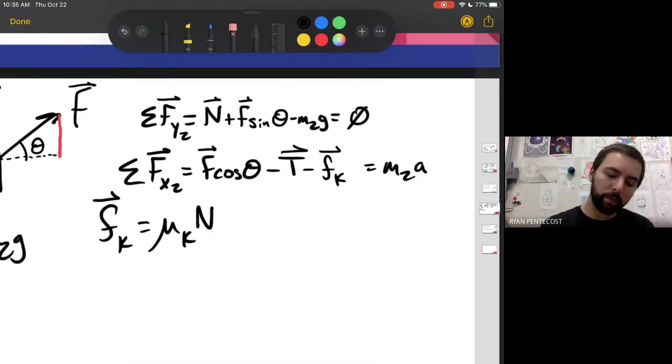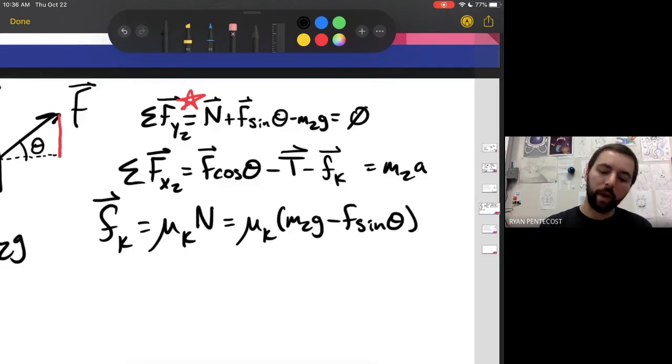So normal force up here on the summation of forces in the y direction, if we solve that for normal, we would get m2g minus f sine theta. If we added m2g and subtracted f sine theta to the other side, we could solve for it that way. So that will be our Fk, and that all equals m2a.